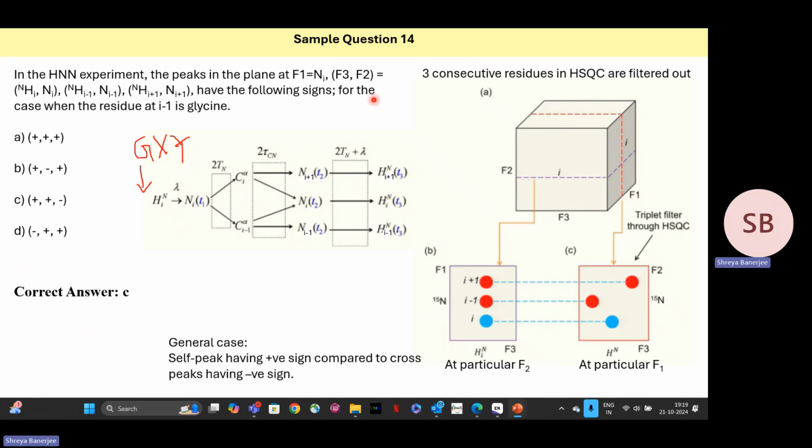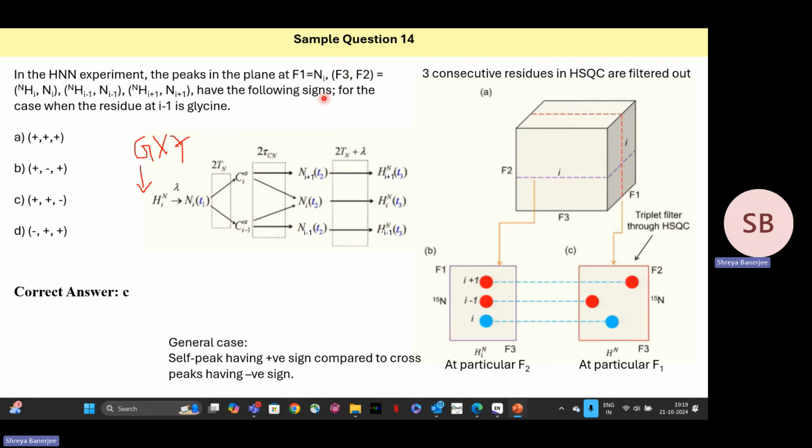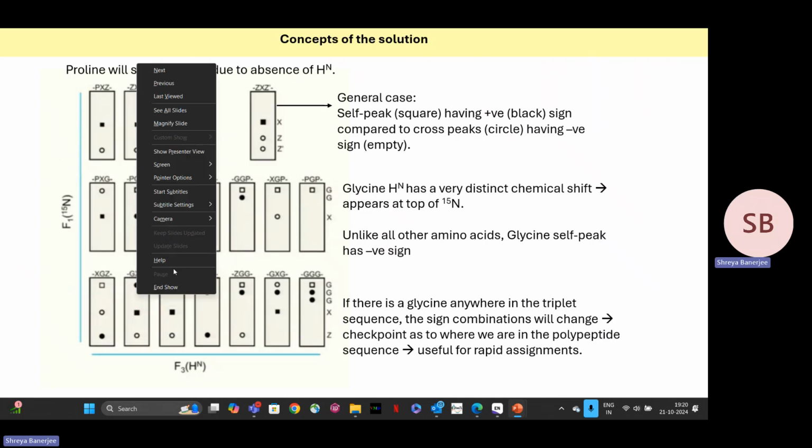So we can see it is saying the F3, F2 plane. So it is talking about the plane, and you can see what it should be. Sorry, it is talking about the F1, F3 plane. So the information given is that glycine is at I-1.